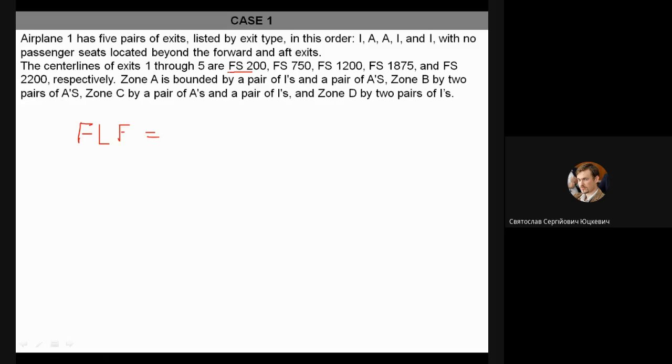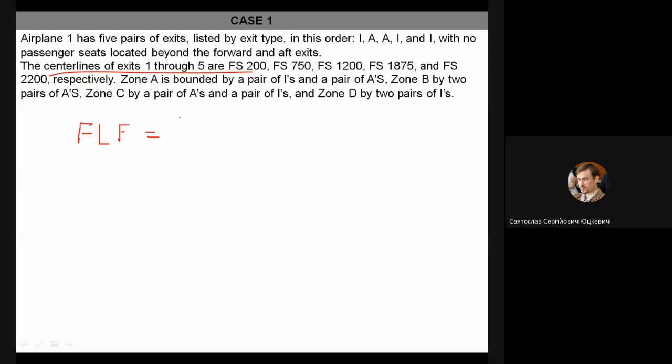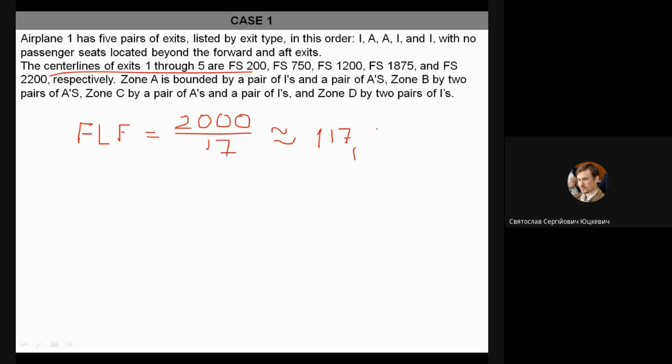It will be the difference between the initial and aft point, so 2000 inches divided by 17, and it's approximately 117.6 inches. It's the fuselage length factor.